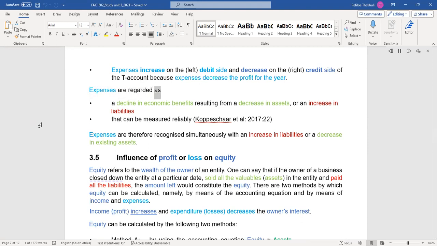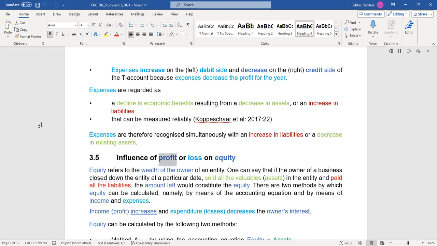Expenses are regarded as a decline in economic benefits resulting from a decrease in assets, or an increase in liabilities that can be measured reliably, Kopshar et al., 2017:22. Expenses are therefore recognized simultaneously with an increase in liabilities or a decrease in existing assets.